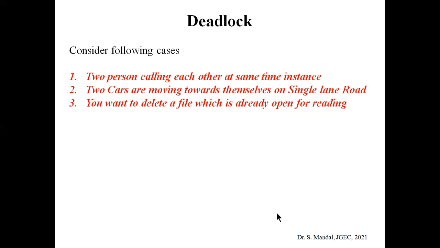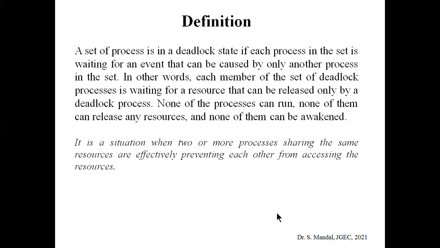That means we want to access some resources which are already in use, or already held by other processes. So we can say that a set of processes is in a deadlock state if each process in the set is waiting for an event that can be caused only by another process in the set.